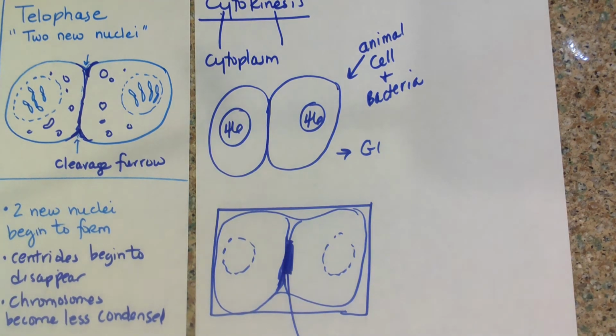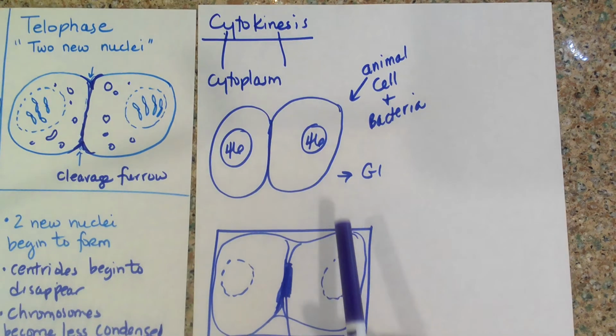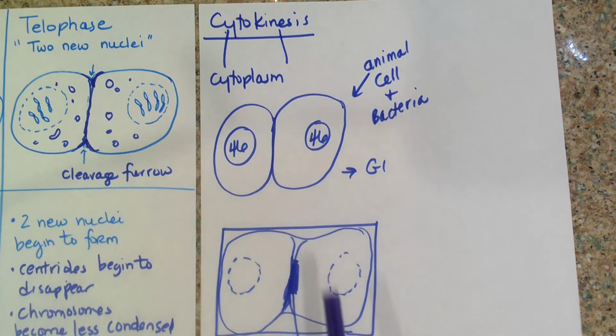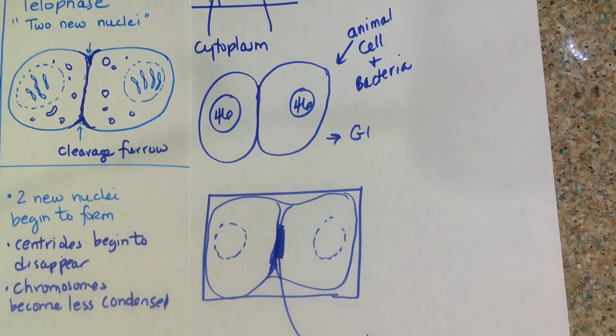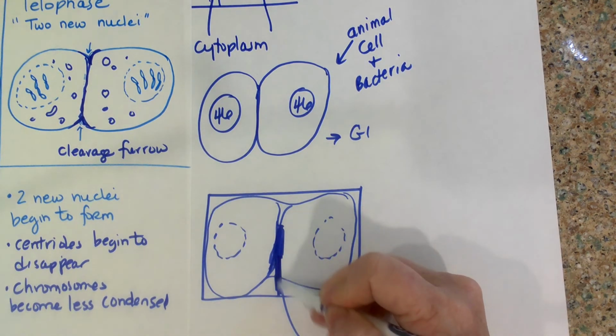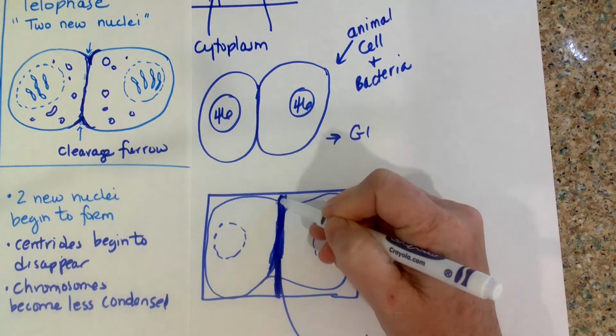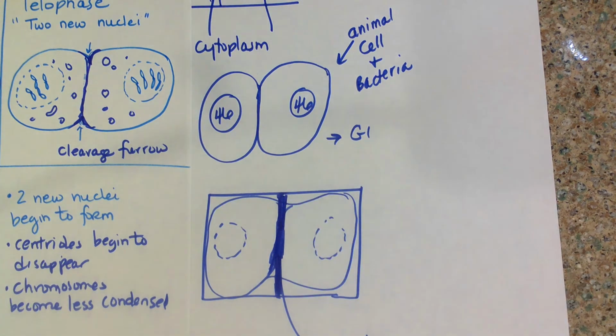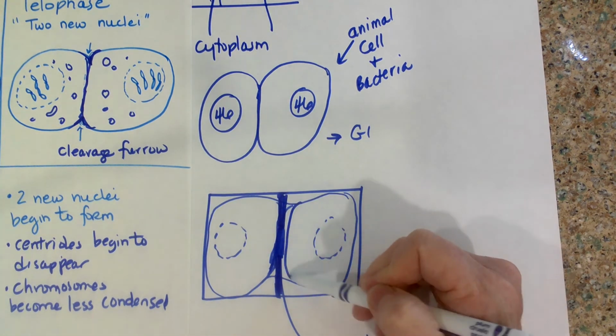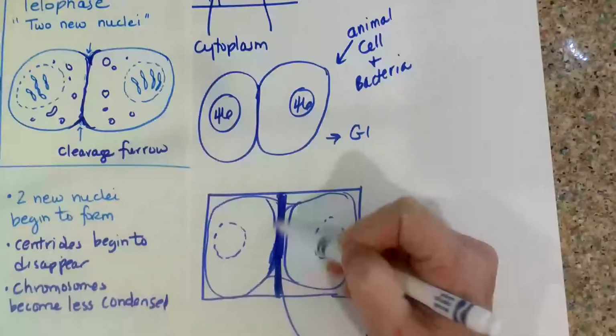Okay, so now with your animal cell, you have two new daughter cells that are identical, and with your plant cell, you have two new daughter cells that are identical. And eventually, the cell plate grows, you get a cell wall, and this will separate into two new plant cells.